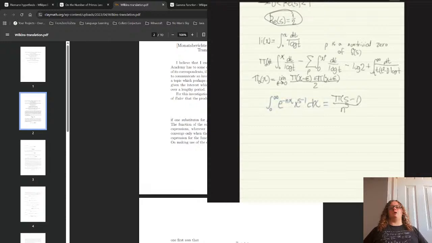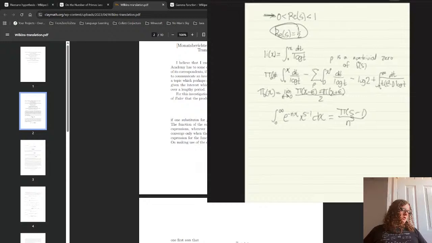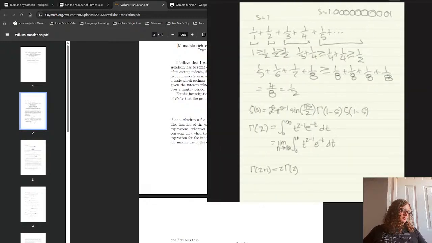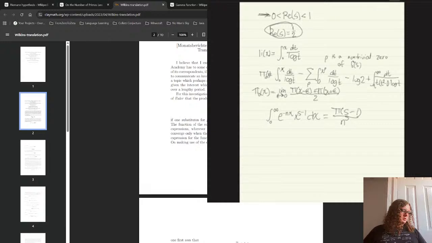Okay. And we determined from the Wikipedia article that, what was capital pi? Oh, I didn't write it down.